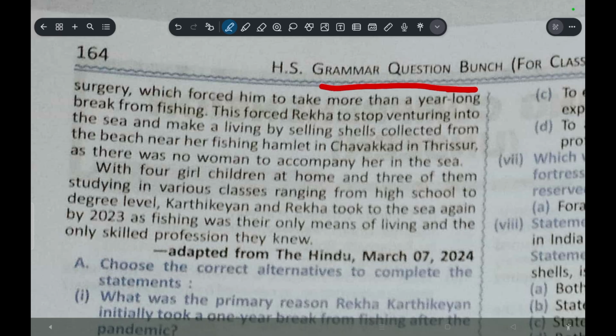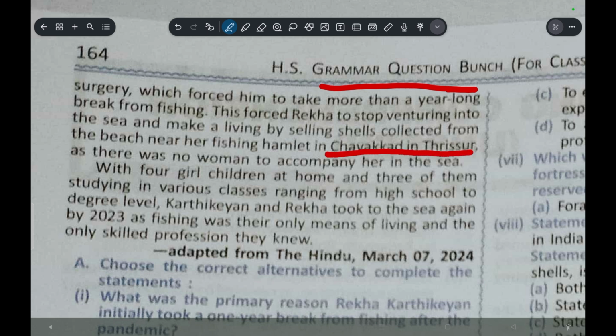This forced Rekha to stop venturing into the sea and make a living by selling shells collected from the beach near the fishing hamlet in Chavakkad in Thrissur.